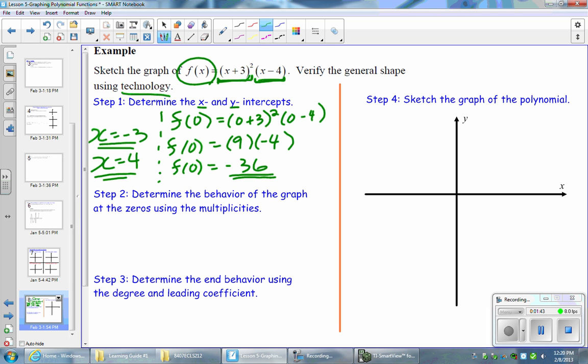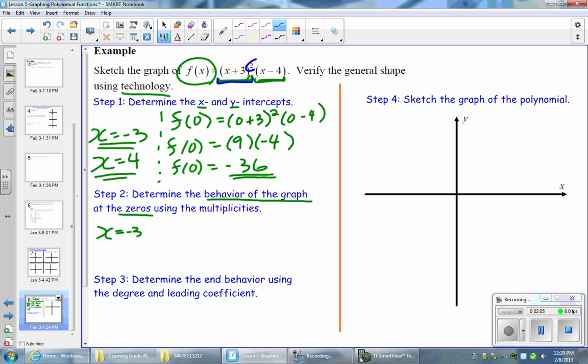Okay, so step 2, we want to find the behavior of the graph at the zeros, in other words, the x-intercepts, using the multiplicities. So let's start with the zero, x is equal to -3. What is the multiplicity of that zero? Well, to find out, you go back to your polynomial, and you go back to the factor, (x + 3) squared.